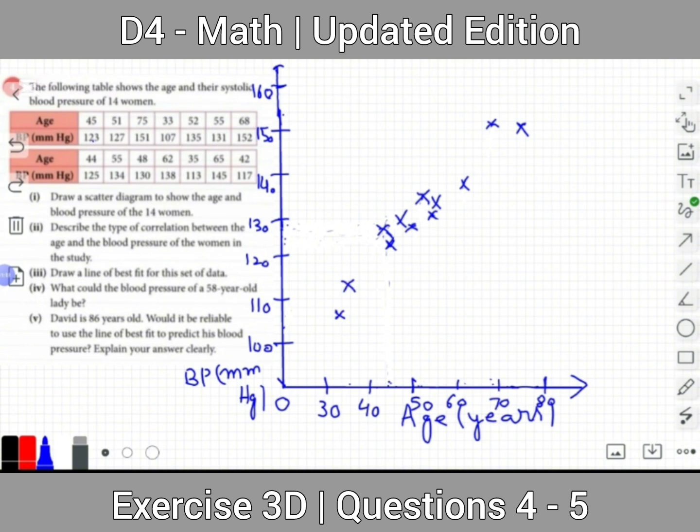Now for 65 and 145, here we have somewhere 65, and for 145 we have 140, 142, 144, and here we have somewhere 145. Now for the last ordered pair we have 42 and 117. So 42, here we have 42. We have 112, 114, 116, and here we have 117 somewhere.